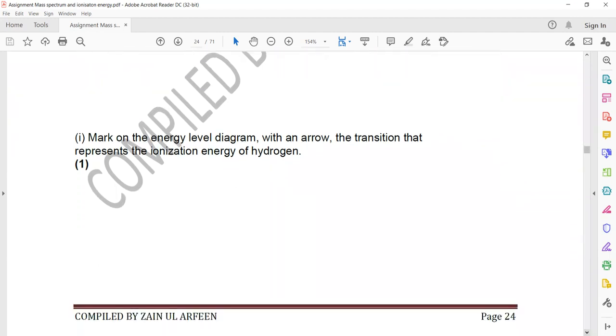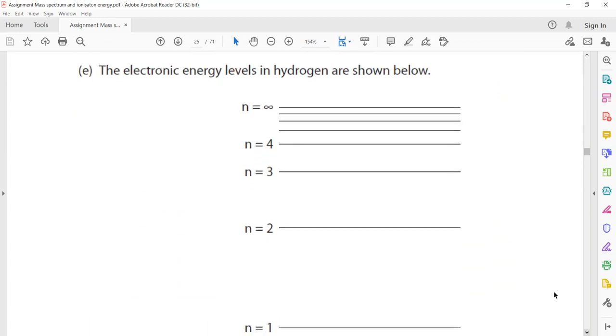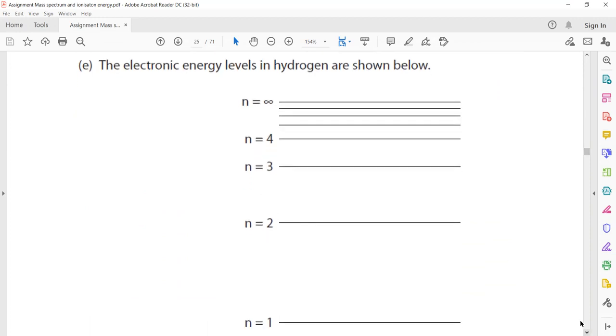Ionization means when an electron is removed from the atom. So infinity, this sign infinity, means it is outside the atom. And in hydrogen we have an electron in the first shell. So when the electron from the first shell moves outside the atom, we call that ionization. So we have to draw this arrow.